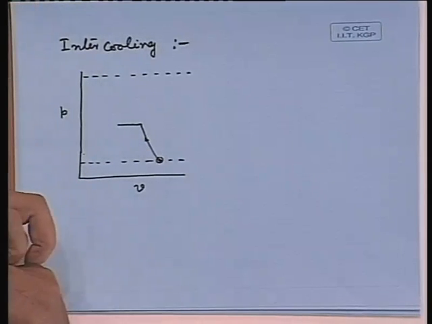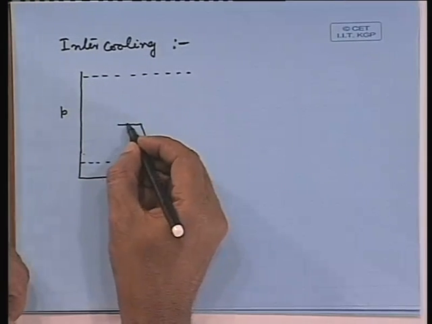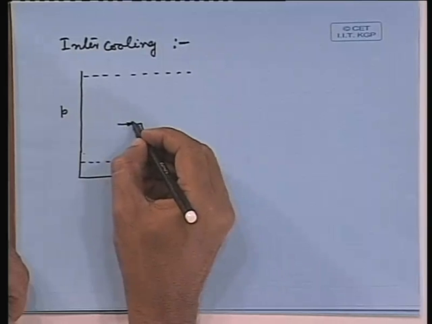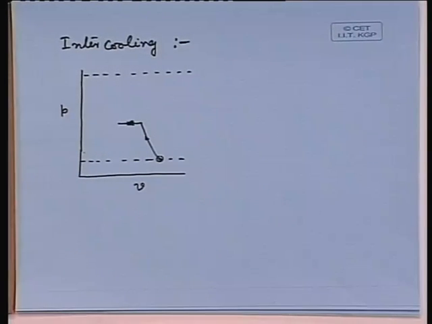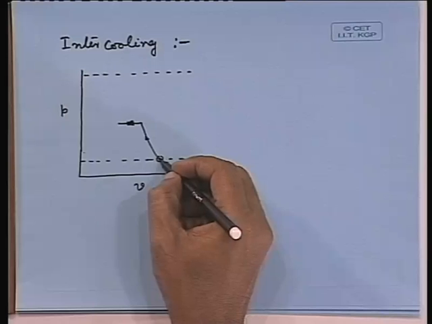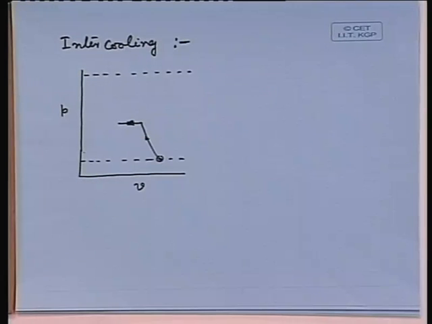If it is perfect intercooling, then after intercooling, sorry, the arrow sign is the opposite direction. After intercooling, this temperature and this temperature, they are same, but perfect intercooling is not possible.